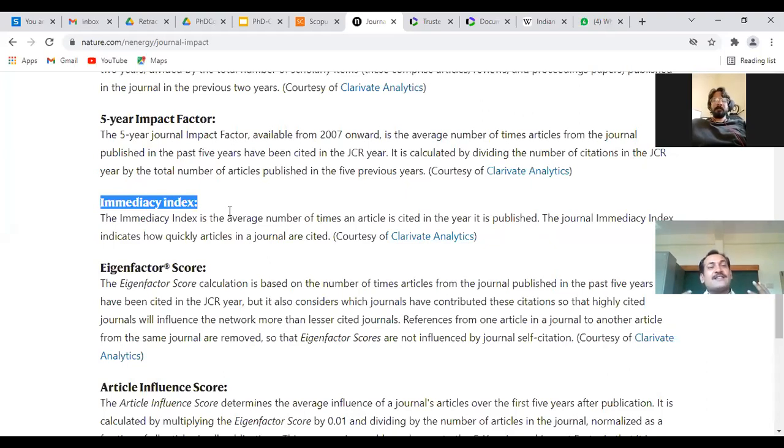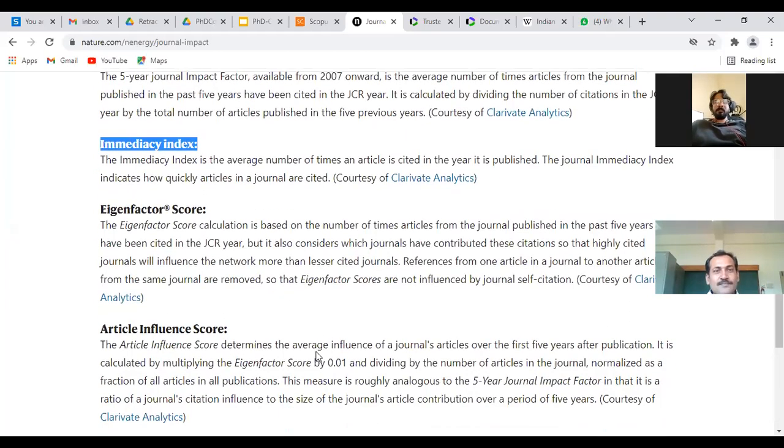Means whether the research articles published in the journal are along with the current research trend, or whether the research journal is publishing olden type of research articles, or the research area which doesn't have much scope, that we can understand from the immediacy index.